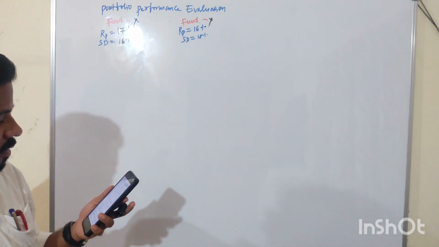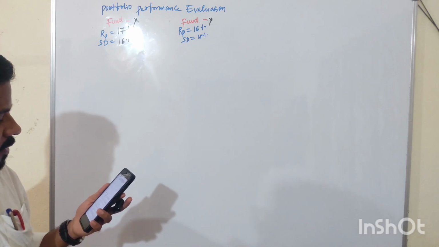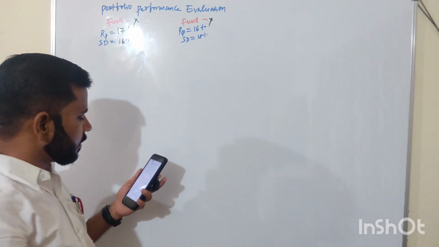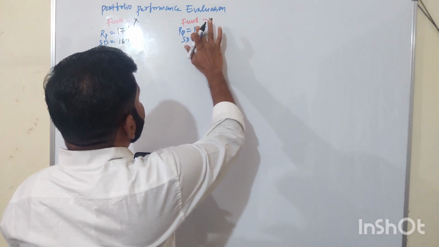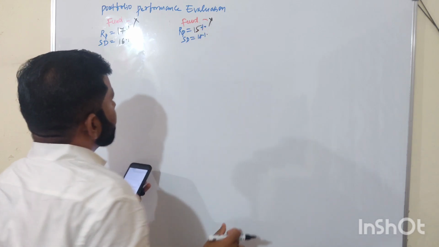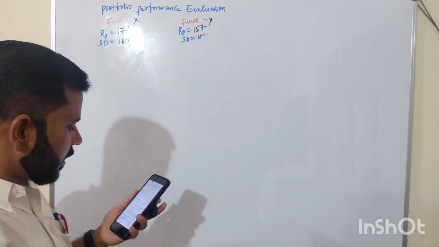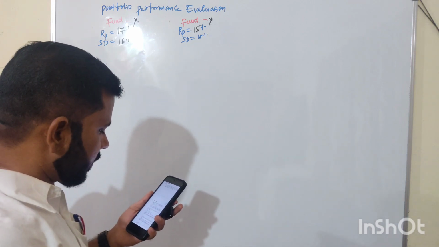So fund-wise, average return is given as 15%. Then what is the standard deviation of Fund X? 16. Yes, it's correct.